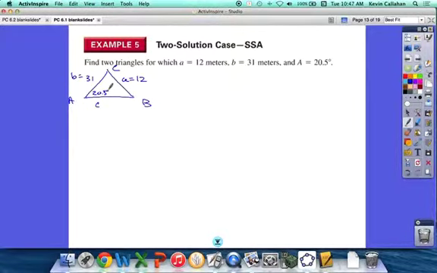And as always, we're going to have to solve by doing the opposite side, or solve for angle B. So I'm going to say sine of B over 31 equals the sine of 20.5 divided by 12. So the sine of B equals 31 times the sine of 20.5 divided by 12.